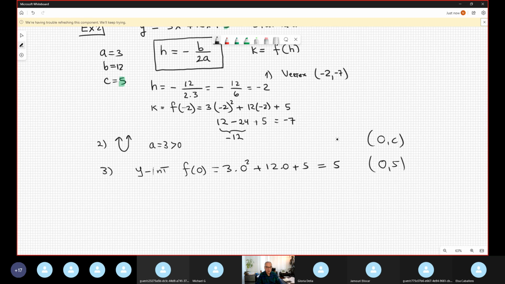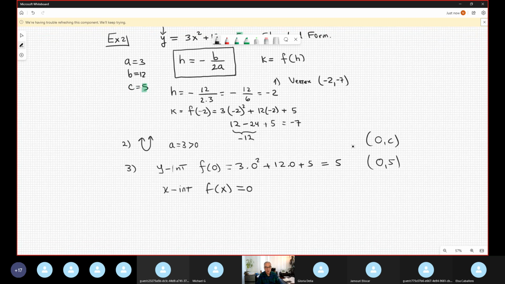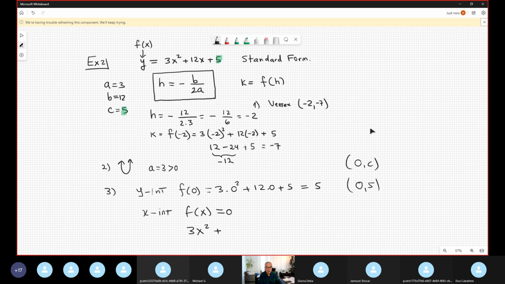Let's do it now, the x-intercept. Well, the x-intercept is f of x equals 0. Who is f of x? And our problem is 3x squared plus 12x plus 5, and you put equal to 0. It's the same problem that we are doing in chapter 1.